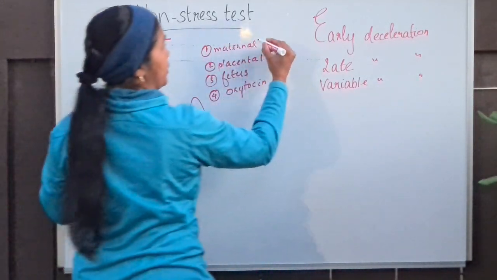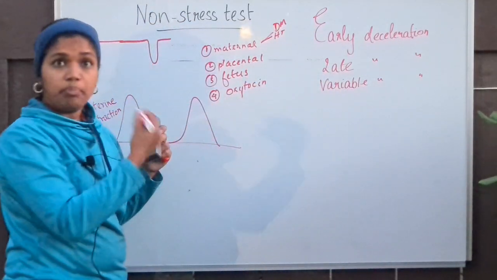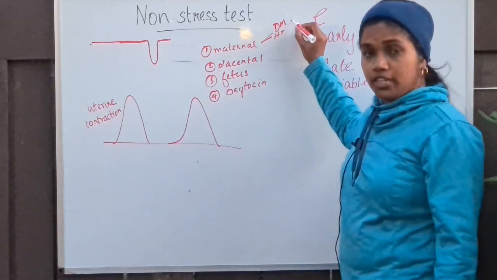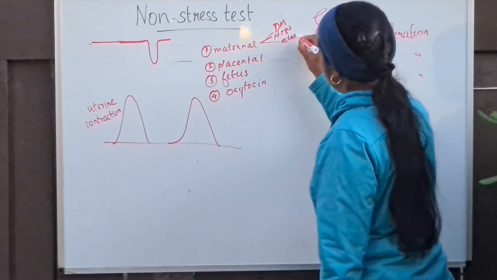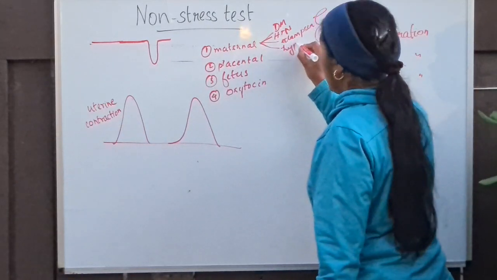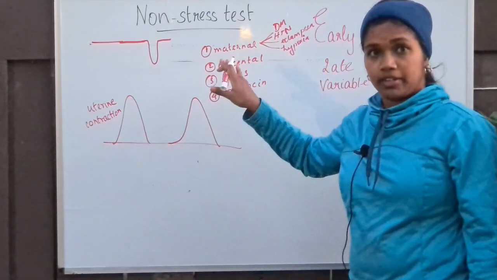Say for example, in maternal causes, it can be because of diabetes mellitus, hypertension, eclampsia, or else maternal hypoxia, any maternal factor.